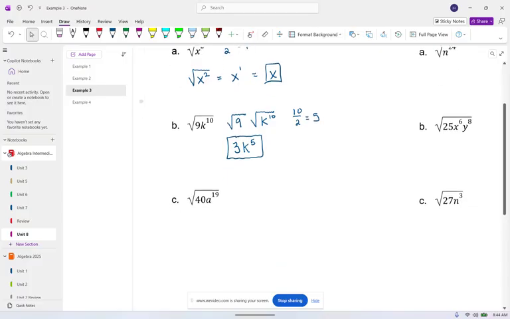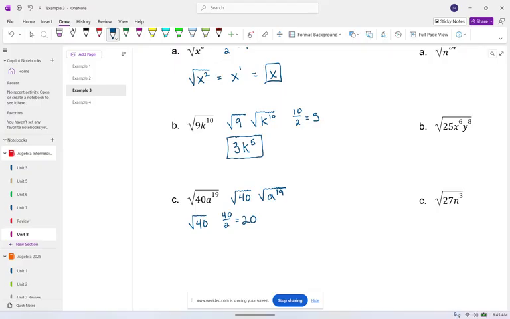So again, we just take the exponent, divide in half, and pull out the variable with half of the exponent. Now we're going to look at one that is not a perfect square, but the same process. So we'll take the square root of 40 and we'll separate it from the square root of a to the 19th. Okay. Square root of 40 is not a perfect square. So we're going to take 40 and divide by 2, and that gives us 20. So we'll look at our list of perfect squares and go down from 20.